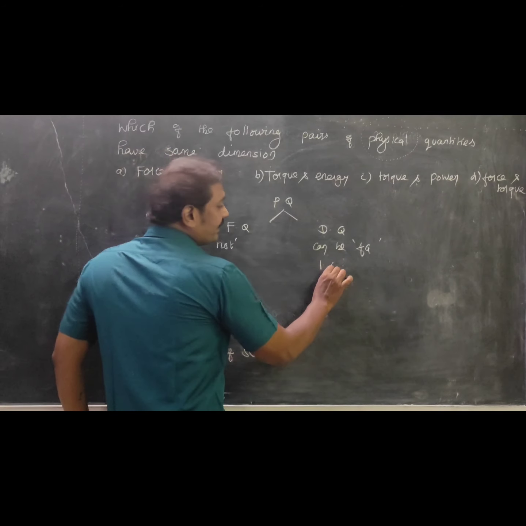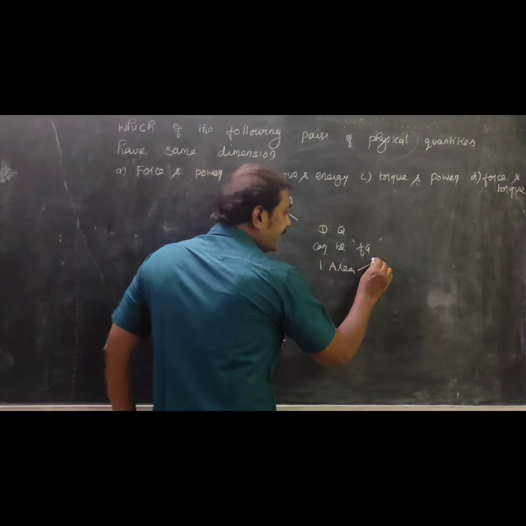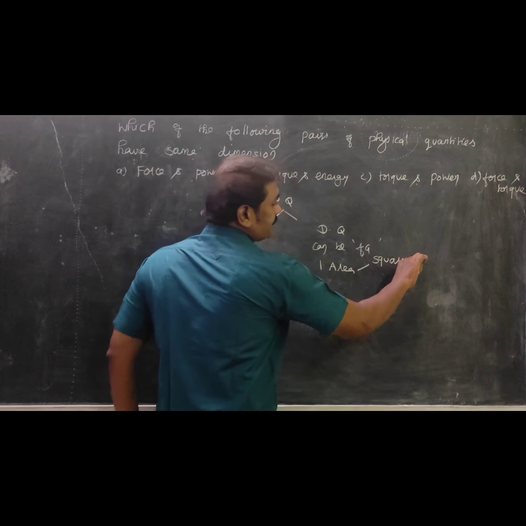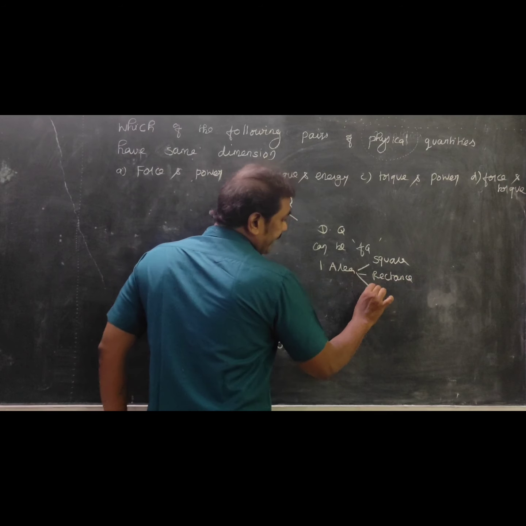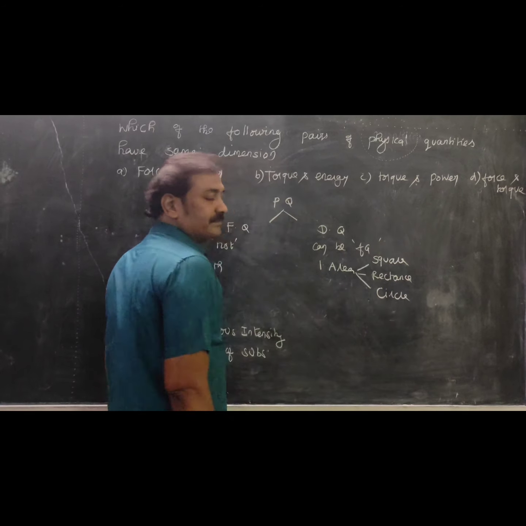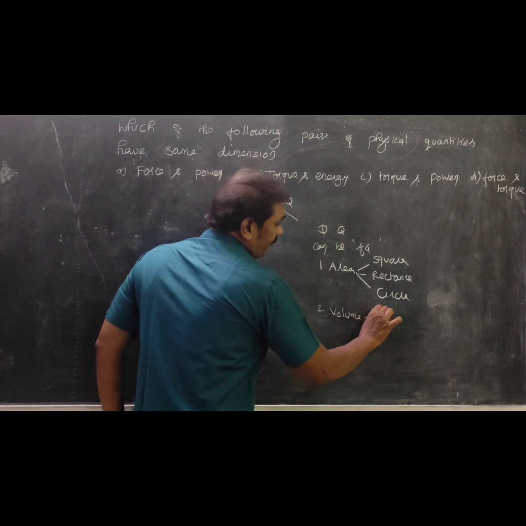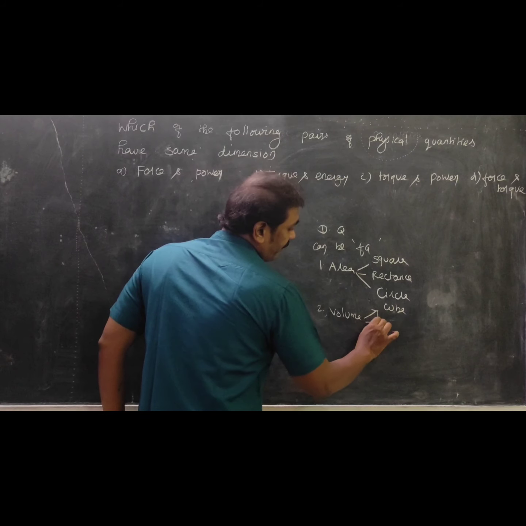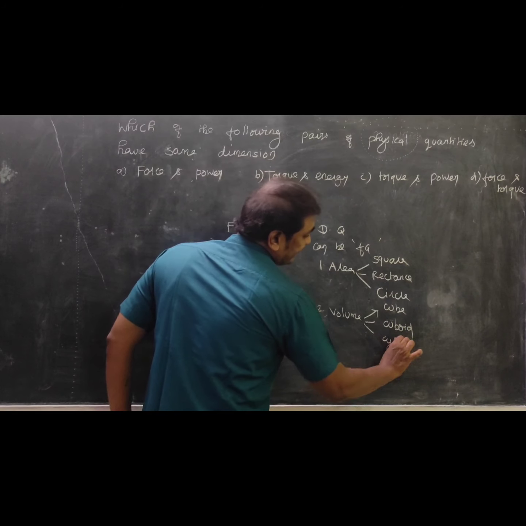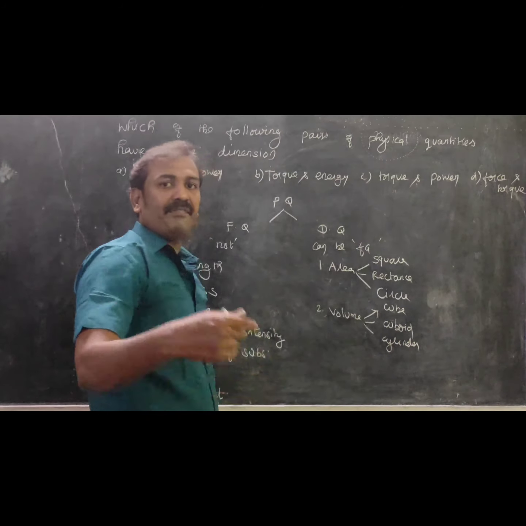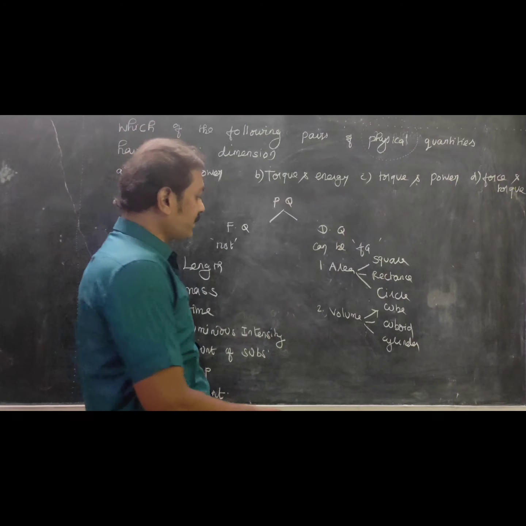The first one, area: area of a square, area of a rectangle, area of a circle. Second, volume: volume of a cube, cuboid, cylinder, sphere, cone, and so on.